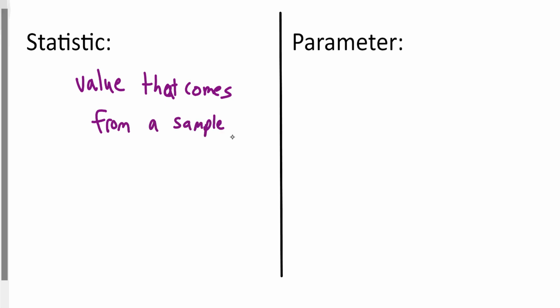A statistic is a value that comes from a sample, whereas a parameter is a value that comes from a population.